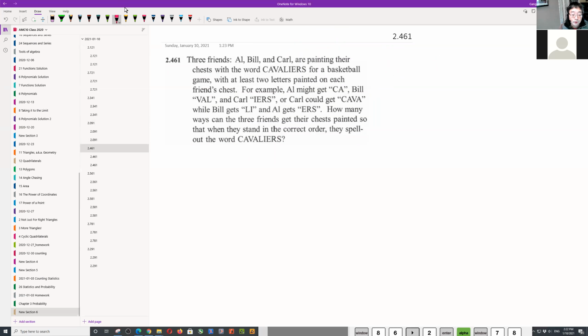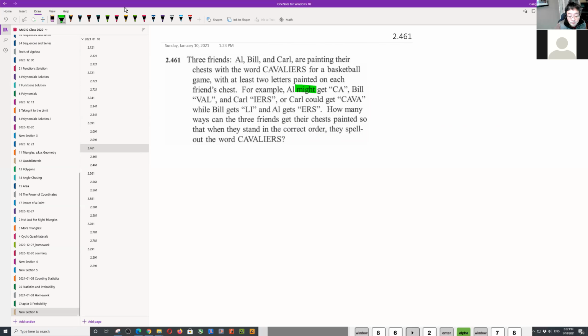Let's do this one. 3 friends, Al, Bill, and Carl, are painting their chests with the word Cavaliers for a basketball game, with at least 2 letters painted on each friend's chest. For example, Al might get CA, Bill might get VAL, and Carl gets IERS.